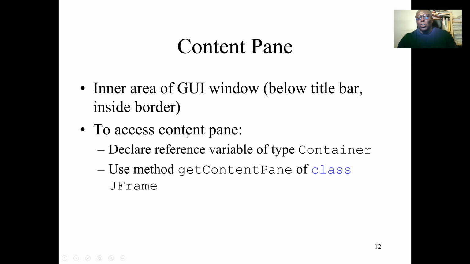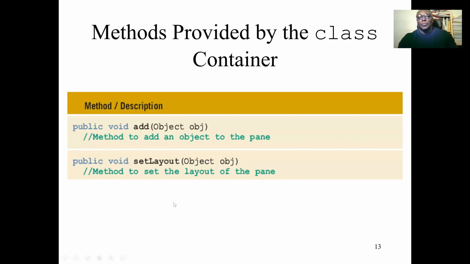Now to access the content pane, we need to declare a reference variable of type Container. Then we use the method getContentPane of class JFrame. And we may see this in our example code. So these are the methods provided by the class Container. This is the method we're going to use always, add.